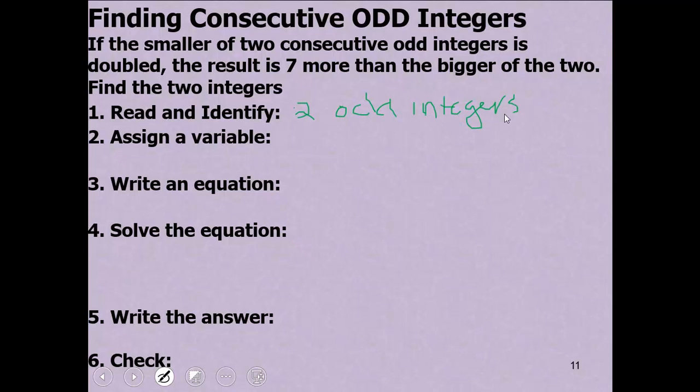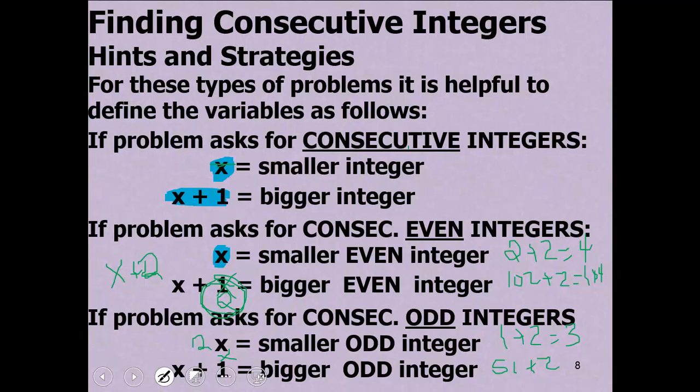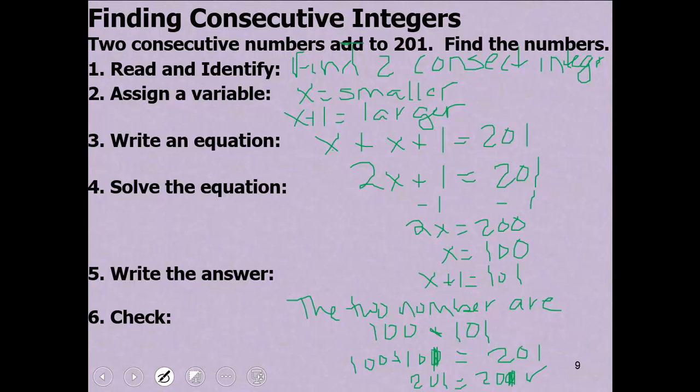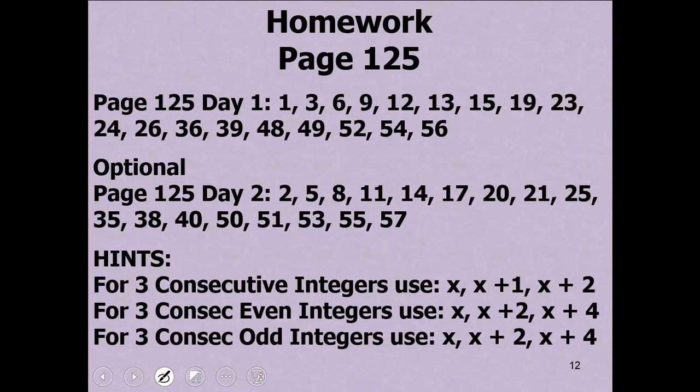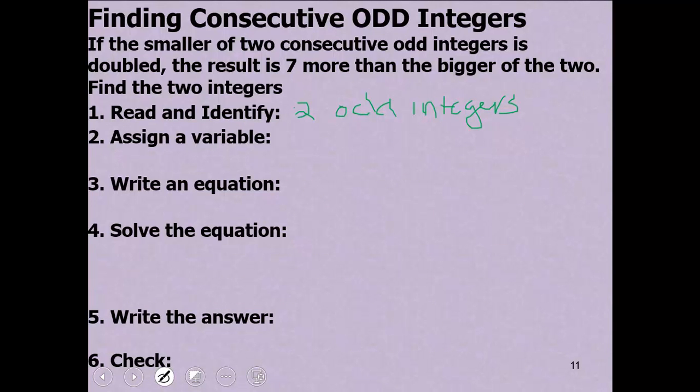If I go back to that one slide, odd integers says I need to have x and x plus 2. So x is my smaller, and x plus 2 is my larger. If the smaller is doubled, how do I double something?